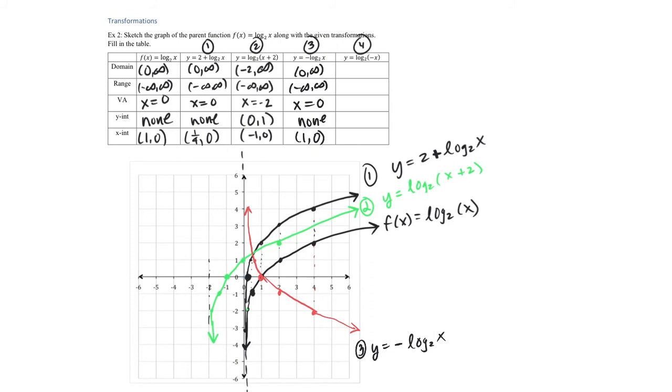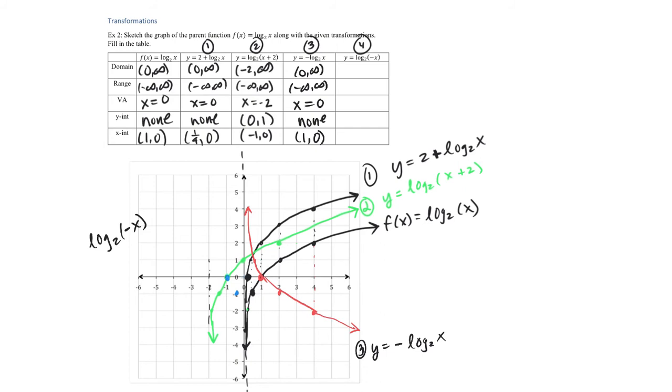All right, and the last one is where we do the opposite of our input: log base 2 of the opposite of x. And that's the one where it's going to be a reflection about the y-axis. So instead of the x-intercept at 1, 0, now we're reflected, we're back here.